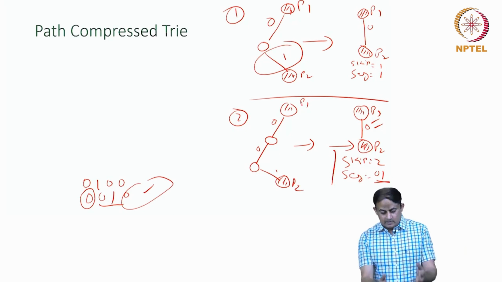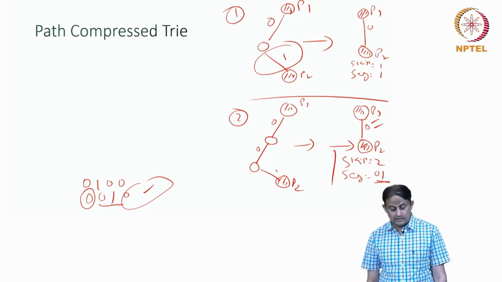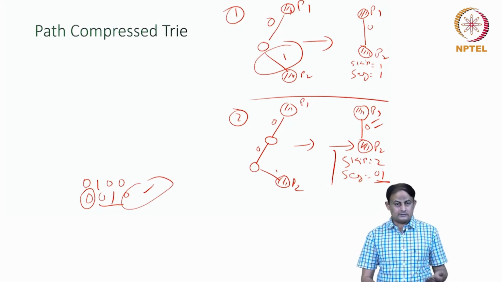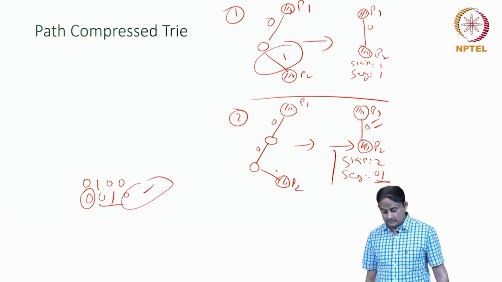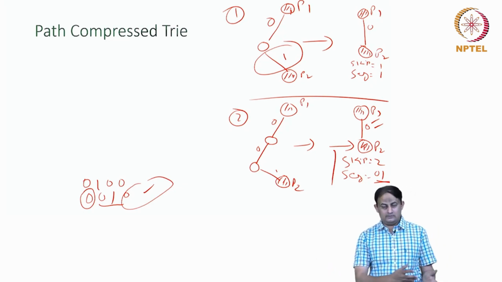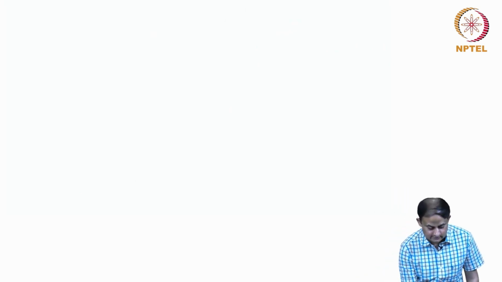Let us take some examples and see what advantage we get by doing this, how many memory references we can reduce, and whether asymptotically it is going to offer any benefits or not. We will try to find out in a minute. Let us say I have these prefixes.